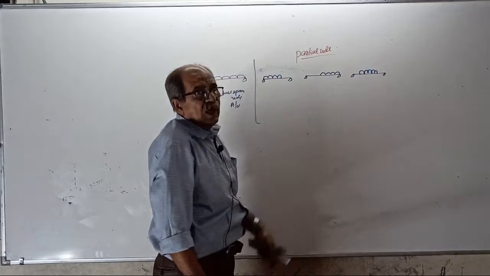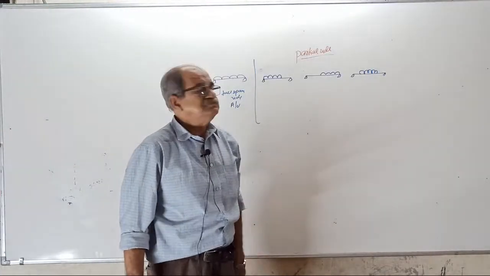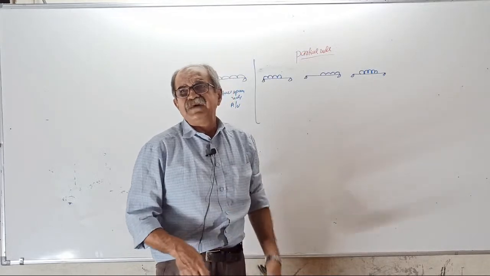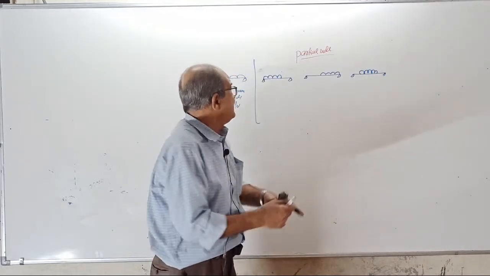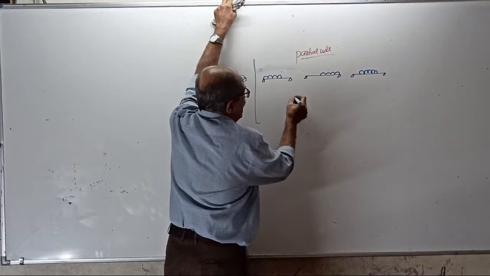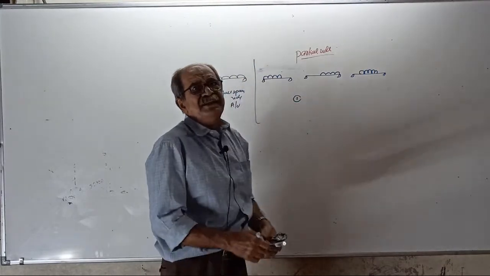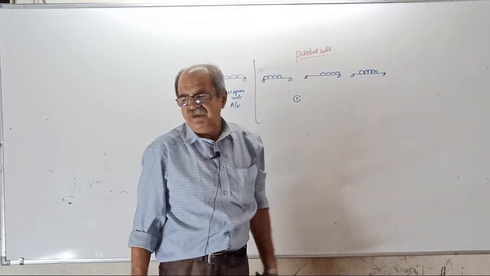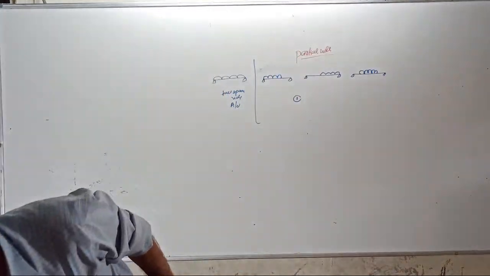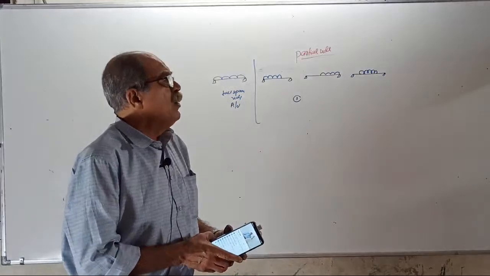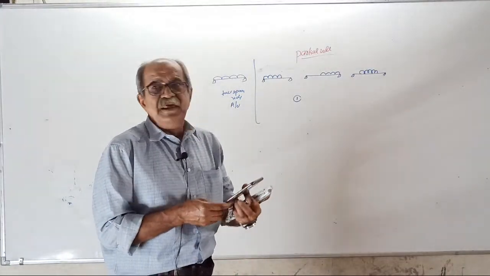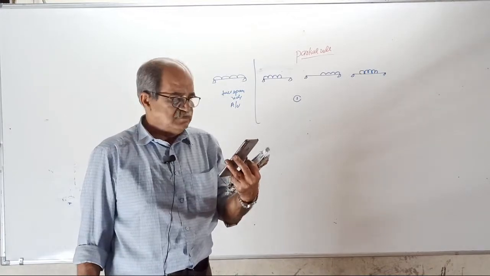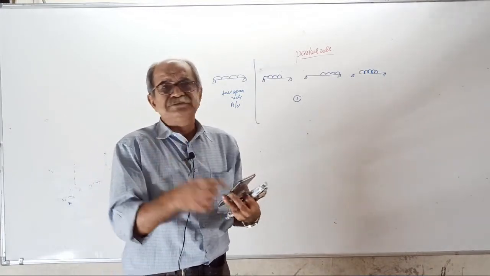Now, there is a problem. Note, in Macaulay's method, point number 1, the general point: the origin selected should always be the extreme end of the beam. Clear? One by one I am telling now. Make a note. Everything is compulsory.